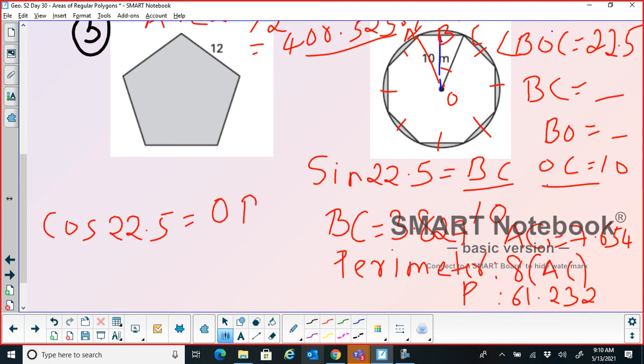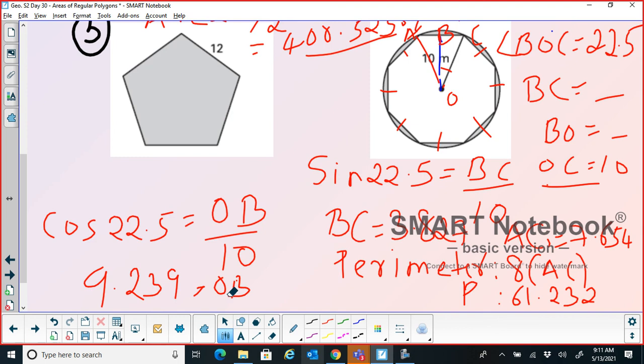OB over the hypotenuse, which was 10. So 10 times cos 22.5 will give us 9.239. That's the value of the apothem.